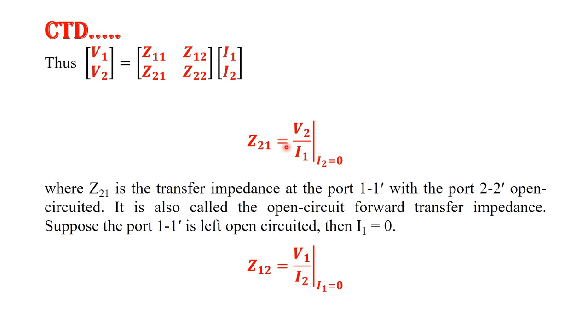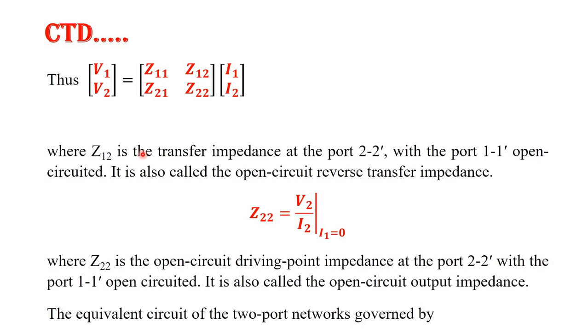So Z21 is V2 by I1 with I2 equal to 0, and Z12 is V1 by I2 with I1 equal to 0. Z12 is the transfer impedance at port 1 with port 1 open circuited. It is also called open circuit reverse transfer impedance.